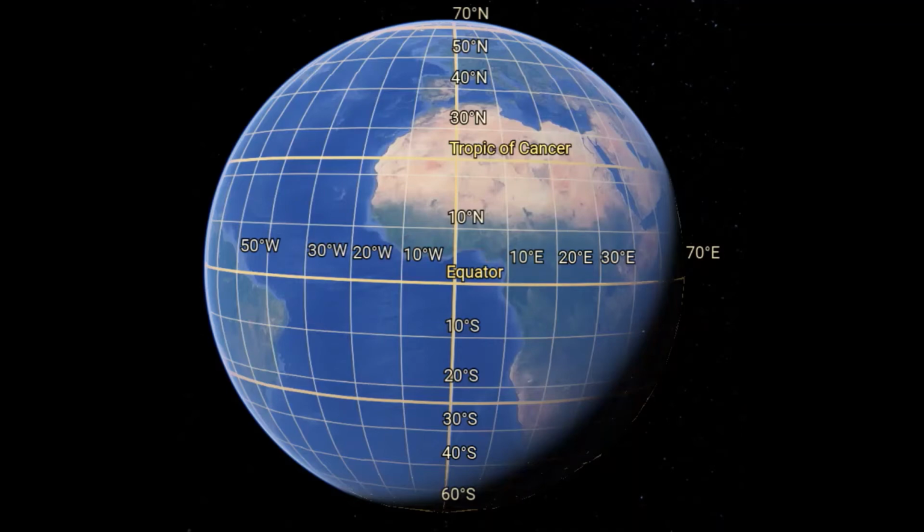There's 10 degrees east. Then you move over 20 degrees east, and then 30 degrees east. If we're going to go west, it's just the same thing: you start at the prime meridian, then you go 10 degrees west, and then 20, and then 30, and so on.